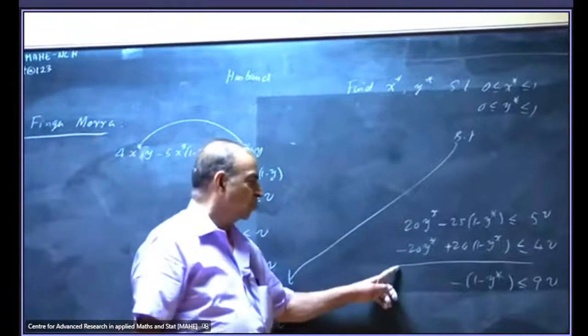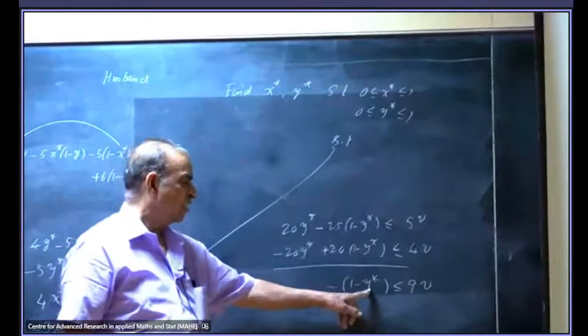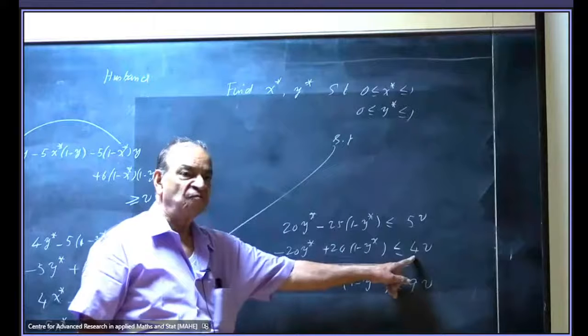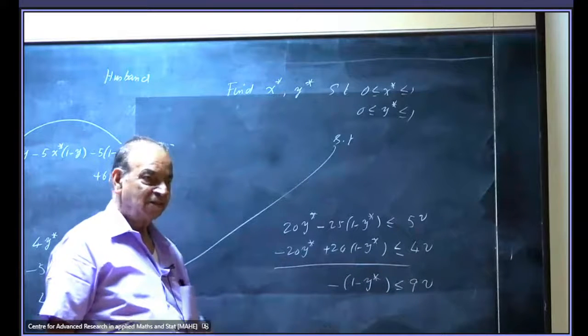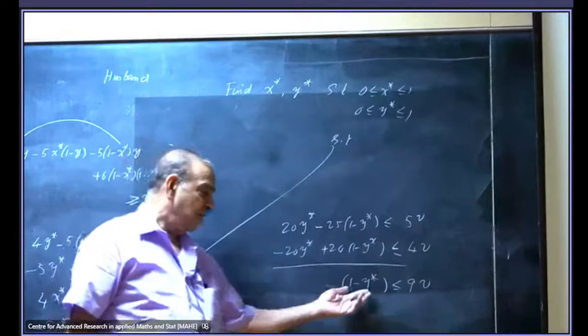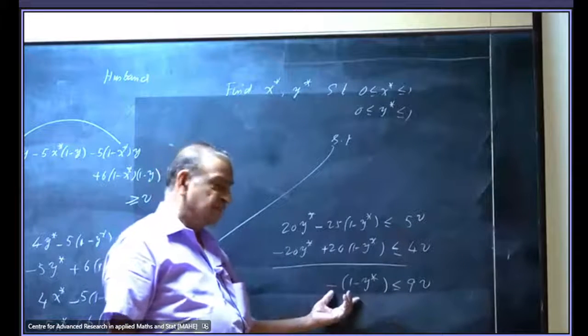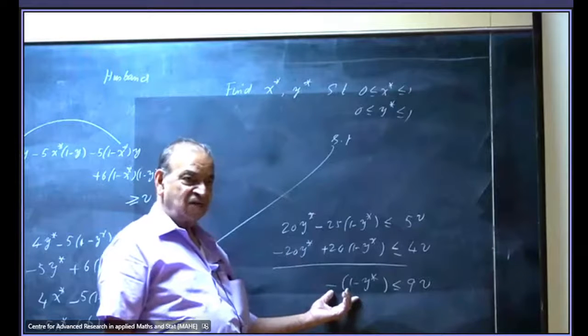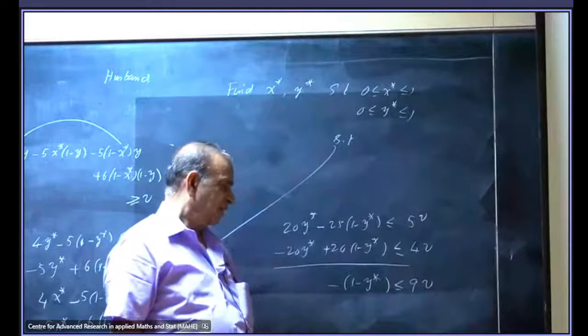When you add these two, you are left with minus 1 times 1 minus y star is less than or equal to 5b plus 4b, 9b. Okay? 1 minus y star is anyway something non-negative, so this one is negative or 0, and that one is less than or equal to 9b.